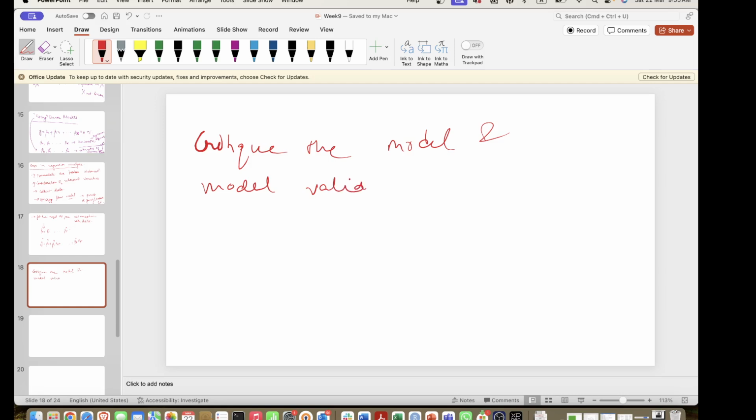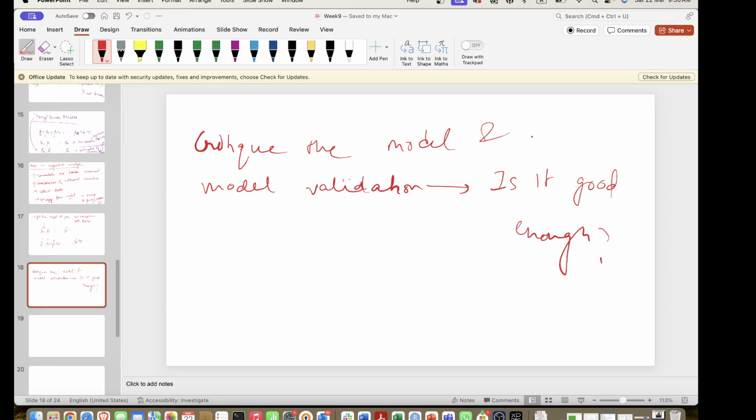So whatever we have fit, is it good enough? This is something that we are trying to address with the help of model validation and criticism.